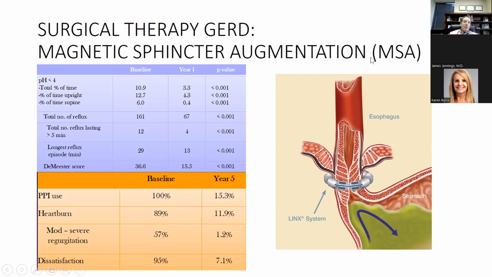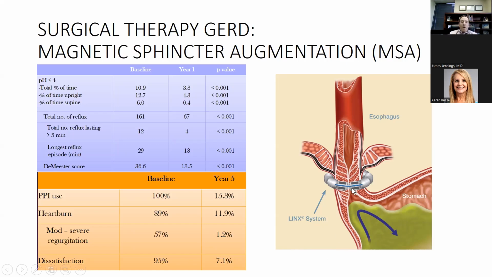And this is a pretty long-lasting option in the right patients. PPI use was only 15% at 5 years, heartburn in 12%. They were dissatisfied before, but only 7% at 5 years after were dissatisfied with their lifestyle from reflux.